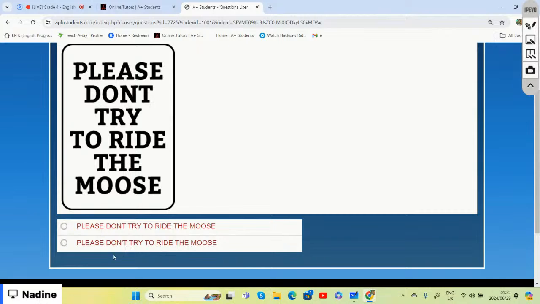What specifically do we have to fix? Look at option one and option two. By don't, the wordings are different. So which one is correct? Please don't try to ride the moose.